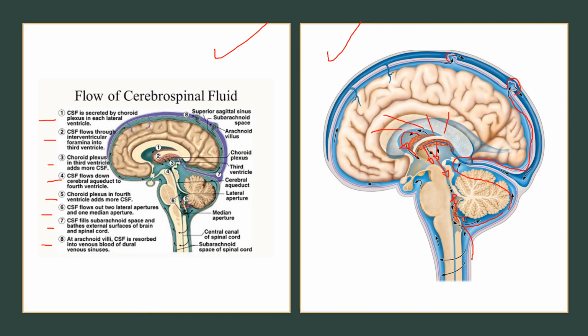These guys are called the arachnoid villi, and in the arachnoid villi, the cerebral spinal fluid enters into venous return. Okay, so into this venous return area here, to then flow back on through into the venous blood of the dural venous sinuses. Okay, so that's basically the flow.